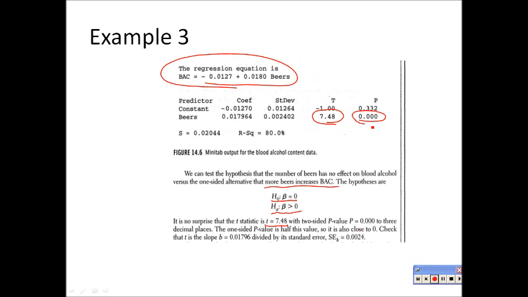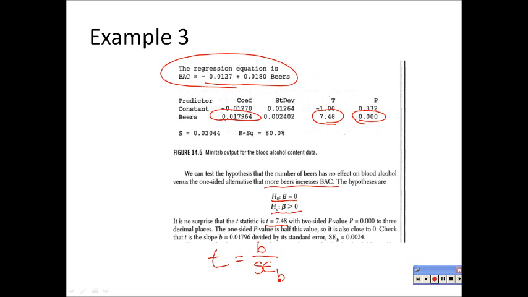Check that t is the slope b, 0.17964, divided by the standard error of b, 0.0024. So t equals b over the standard error of b.